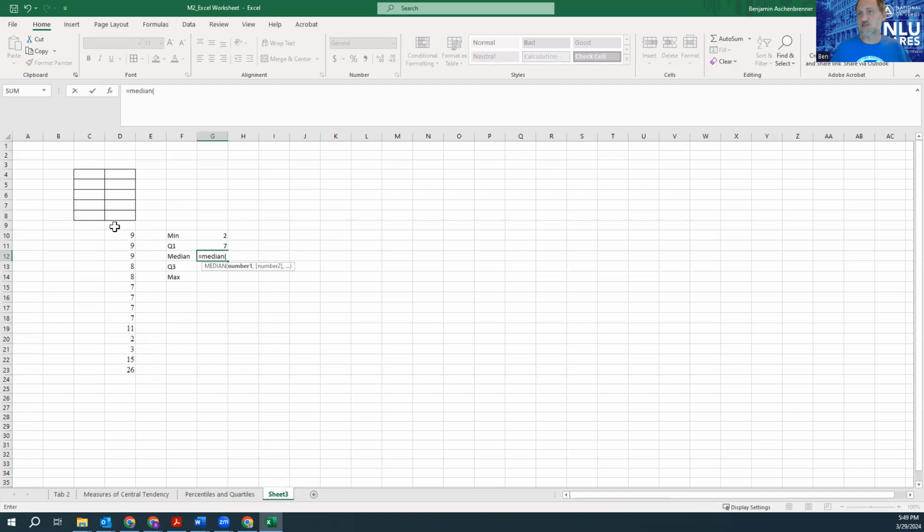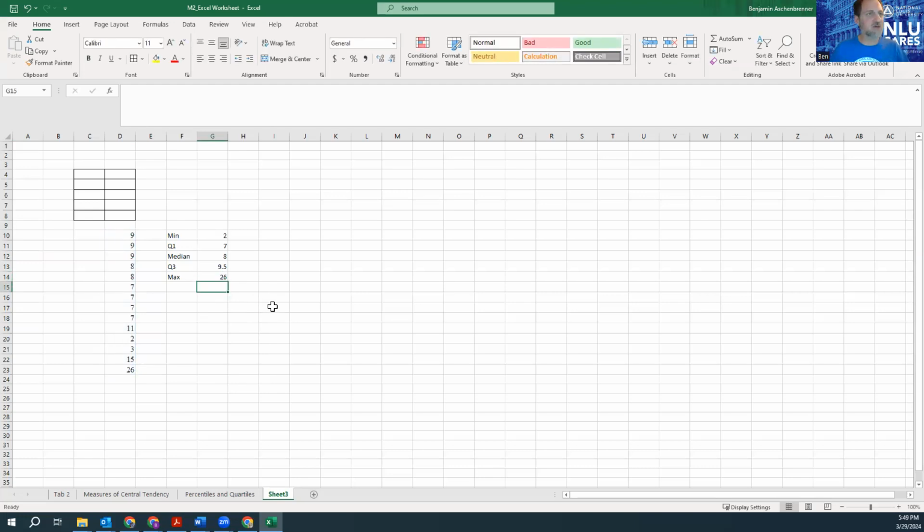I can do the 50th percentile if I wanted. And I'm doing the 3rd quartile. That is the 75th percentile. And then I'm doing the max. Okay, so that's my 5-number summary.